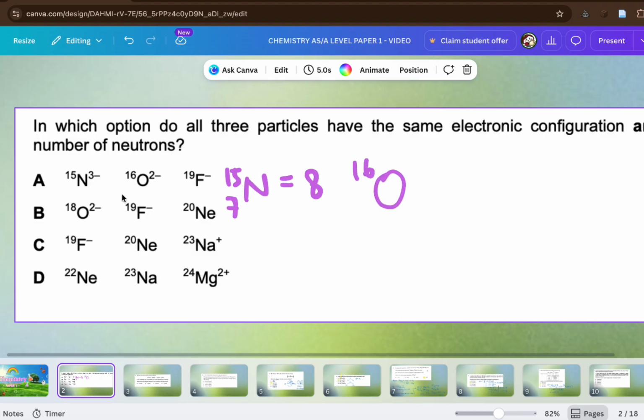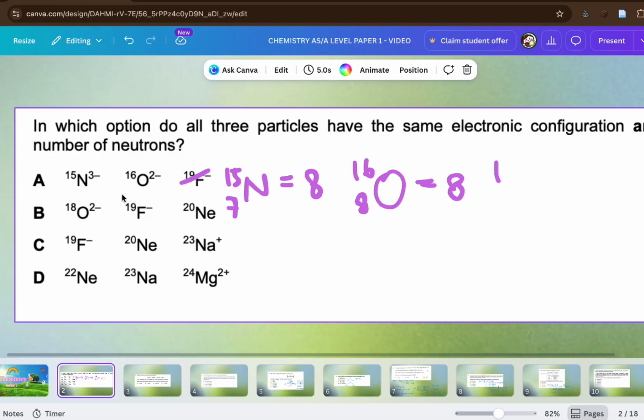Oxygen here has an atomic mass of 16 with the amount of electrons is 8, which results in 8. Same so far. Fluorine has, oh sorry, when I say electrons, I mean protons, guys. Correction. Fluorine has atomic mass of 19 and the proton of 9, which results in 10. Not the same. So we can eliminate option A then.